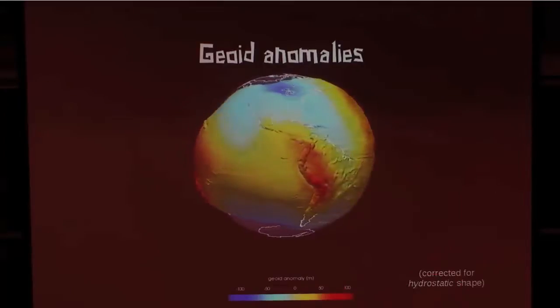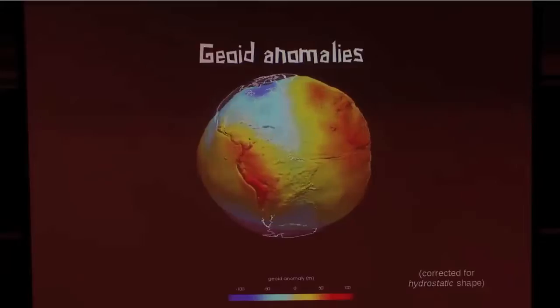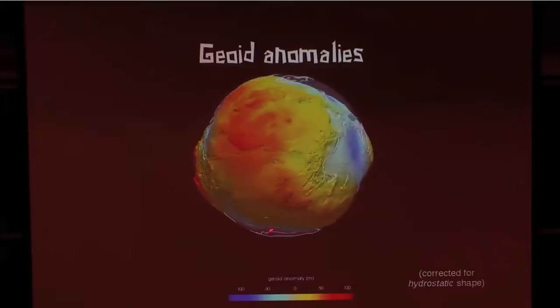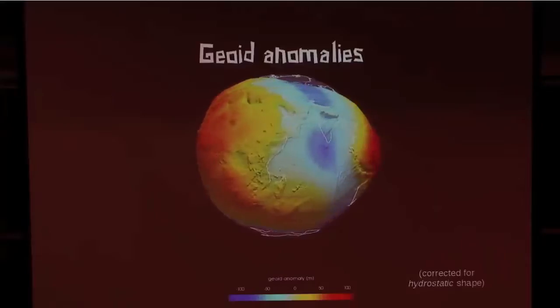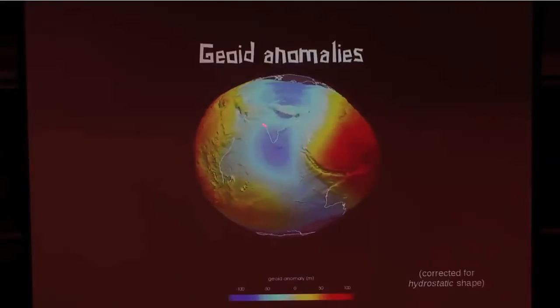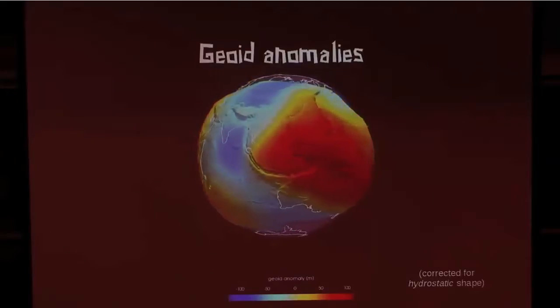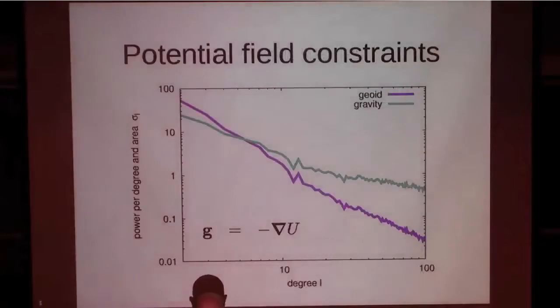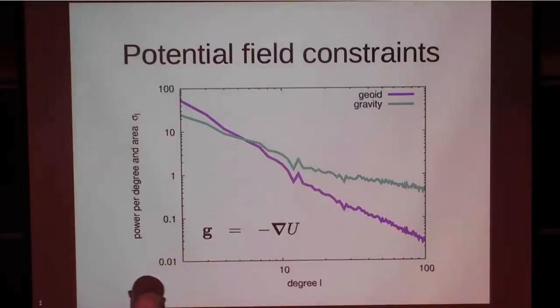And even these models, there has recently been some change. But that being said, you can see there are these bumps over the subduction zones, part of Western Africa, and then there's this interesting low, for example, in India. And that's sort of nice. And we can ask, what is the spectral character of this deviation?